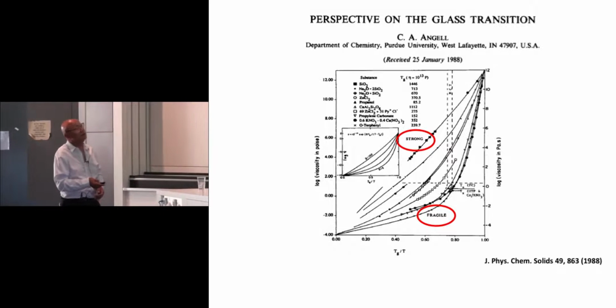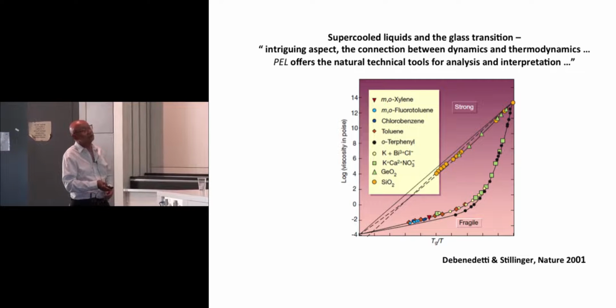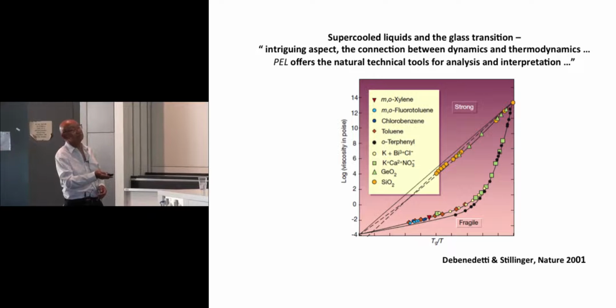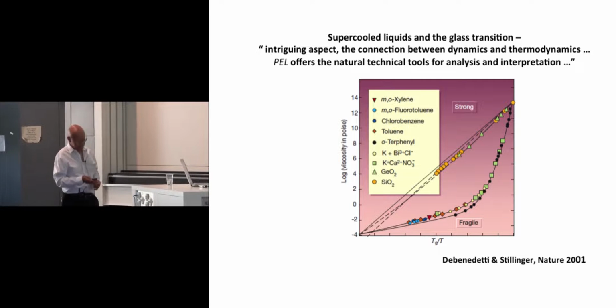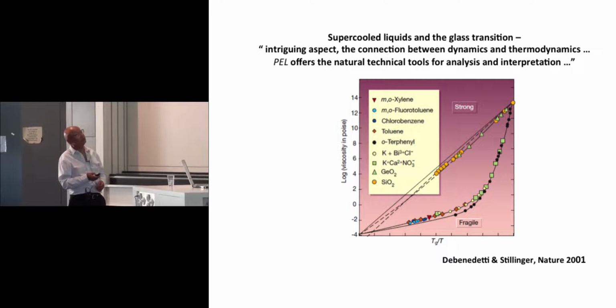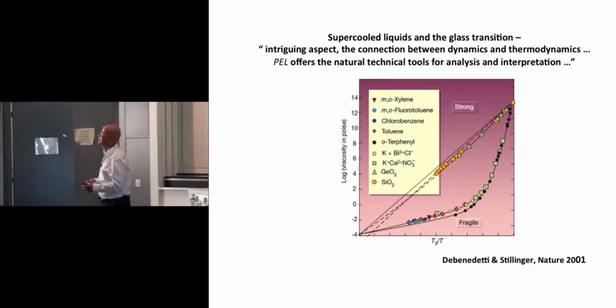Okay, so now the third person, actually Debenedetti and Stillinger are the authors of this paper in Nature 2001, some years later than Angell. This is a review paper which is simply called Supercooled Liquids and the Glass Transition. They pointed out that one intriguing aspect of the so-called glass transition is that there's an interplay between thermodynamics and dynamics.